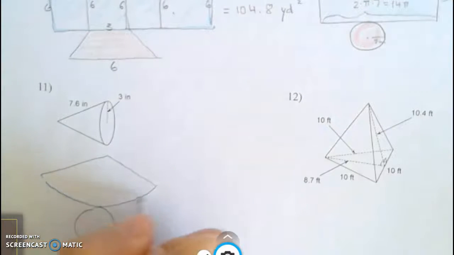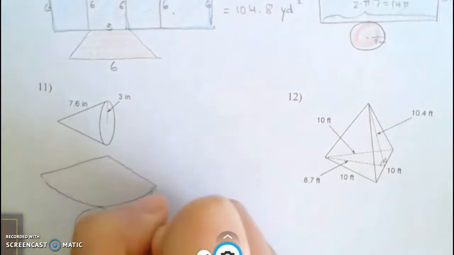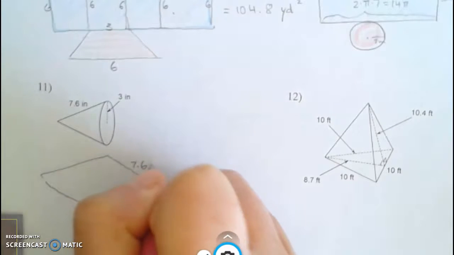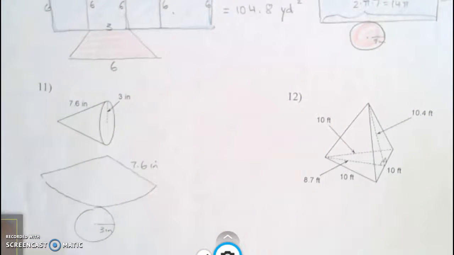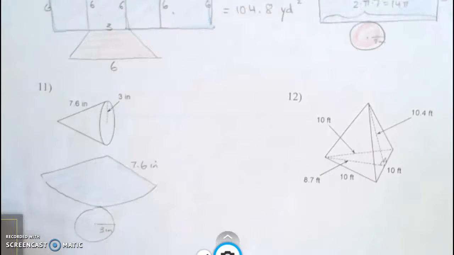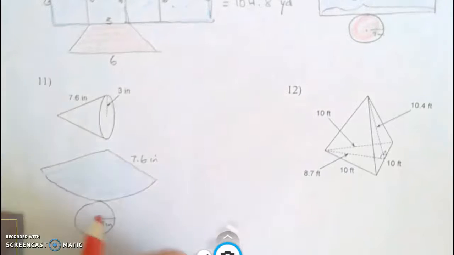This length is going to be exactly the same as the circumference of the circle. And the radius is 3 inches, and we know that the lateral slant height is 7.6 inches. So we have two parts here. We have the sector area, and then we have the base.